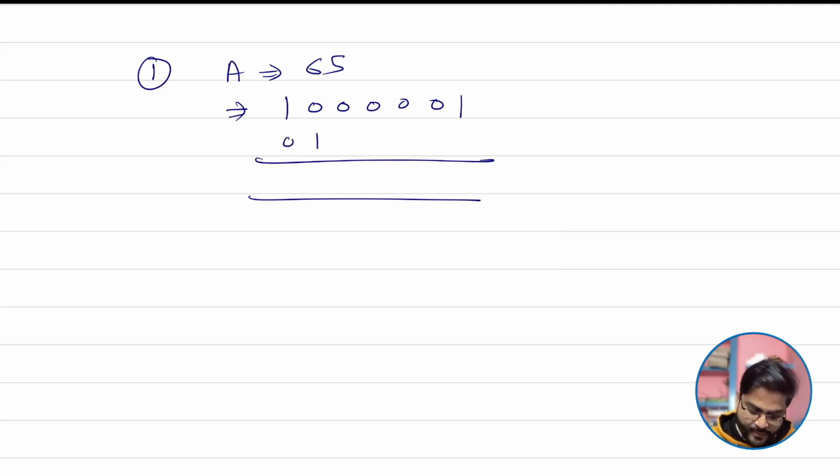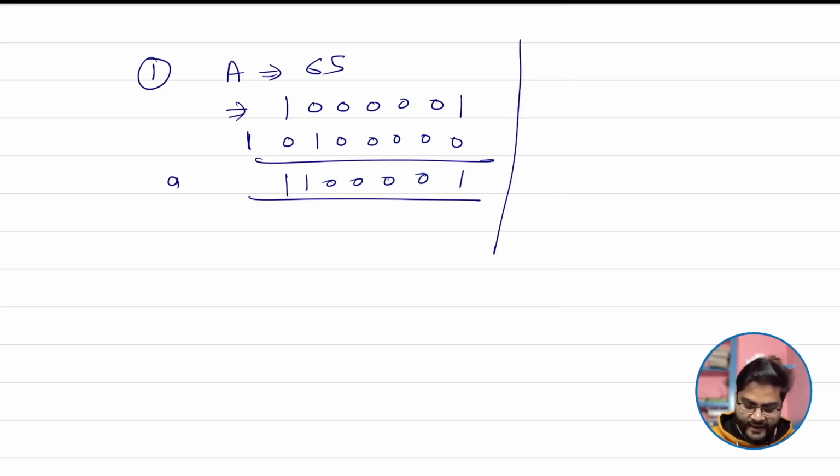So how can I do this? Just take a mask which has 32, correct? And I will do a bitwise OR with it. That's what we had done in the previous lectures. So this will be my uppercase A, correct? Now if we have lowercase a, its value was 97.